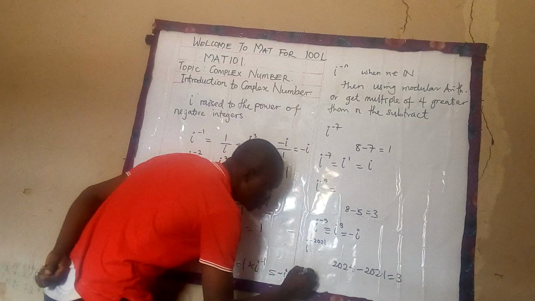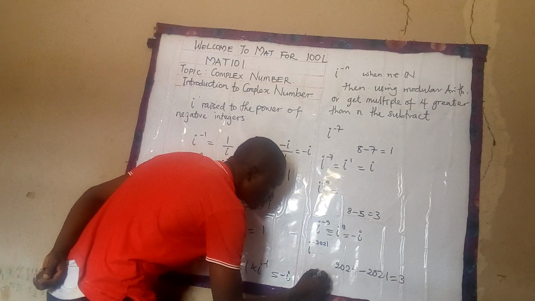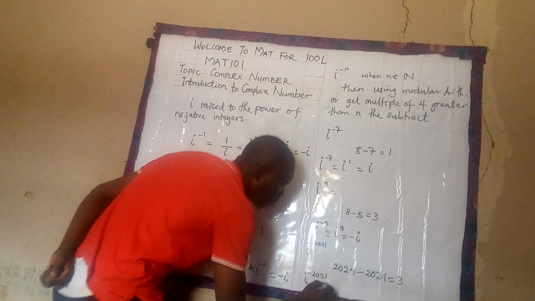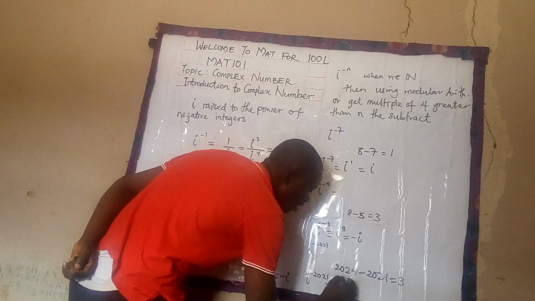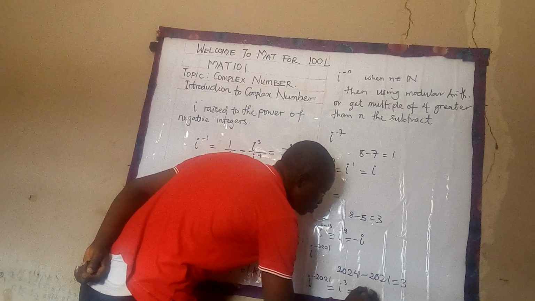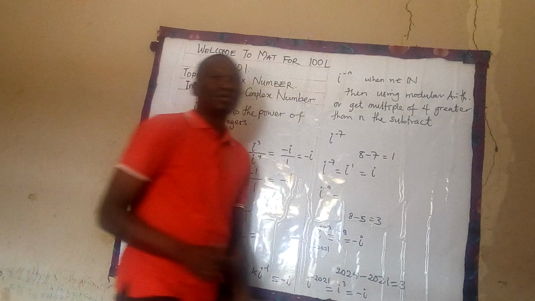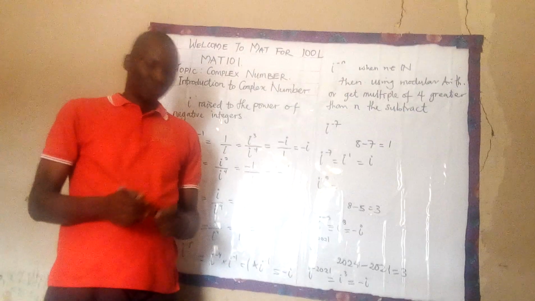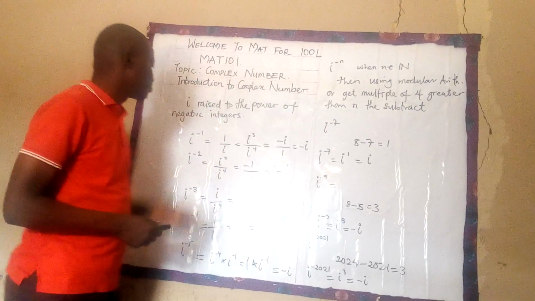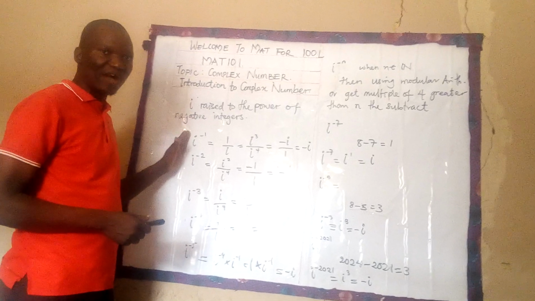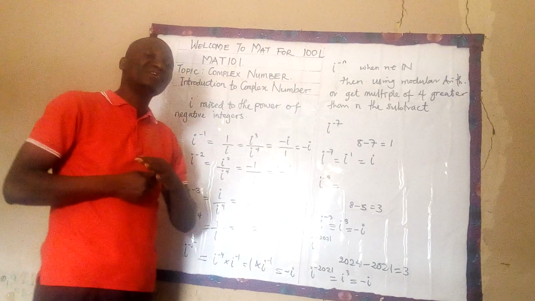So i raised to the power of negative 2021 is equal to i raised to the power of 3, which is equal to negative i. At this point, we should be able to solve or simplify i raised to the power of a negative integer.